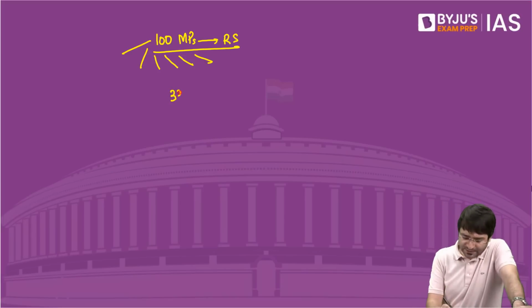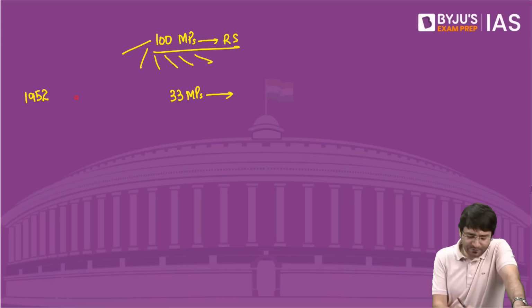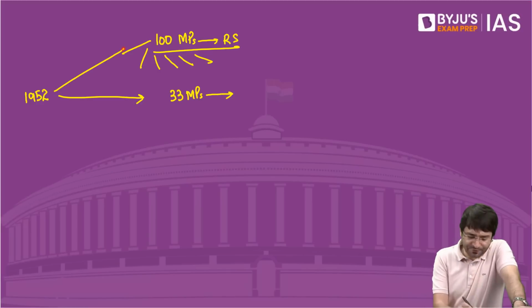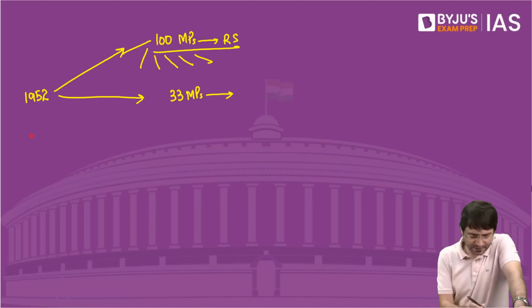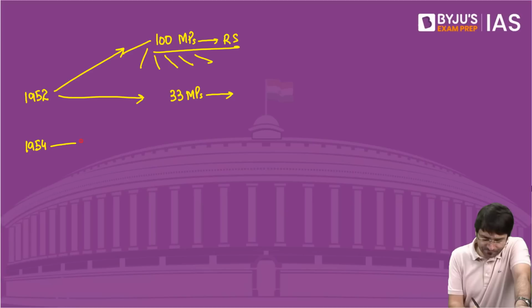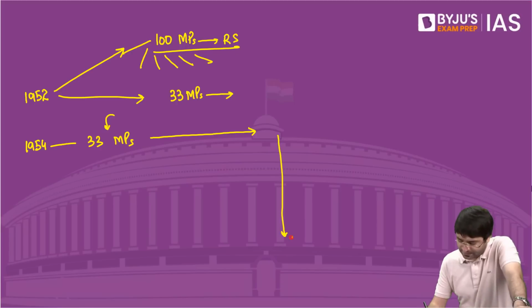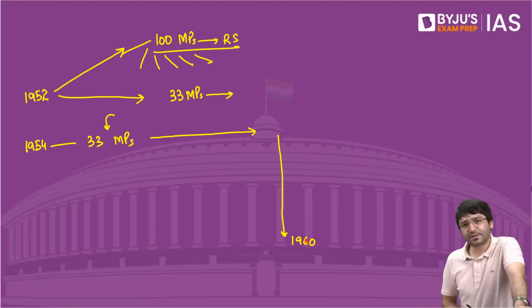We asked these 33 MPs, let's say in 1952, to resign. You will contest elections again, but once you are elected, in 1952, we have got these 100 MPs. 2 years later, in 1954, we asked 33 MPs to retire, which means election will take place to fill these 33 vacancies. And now their term is till 1960, 6 years.